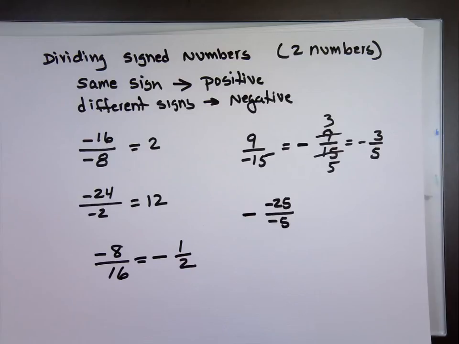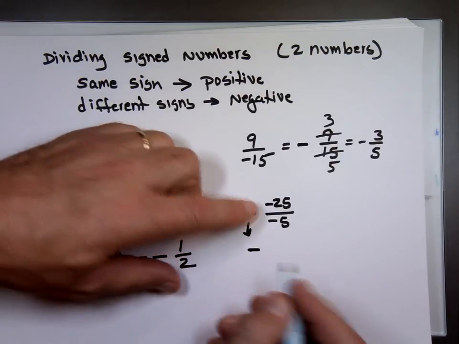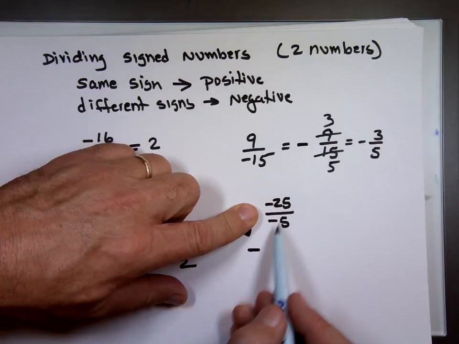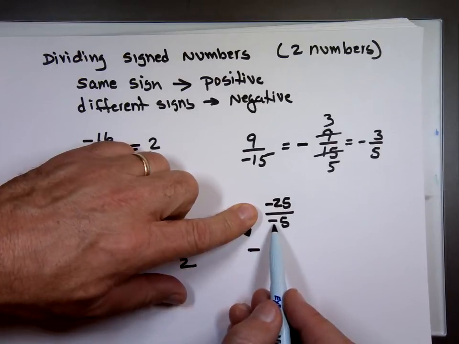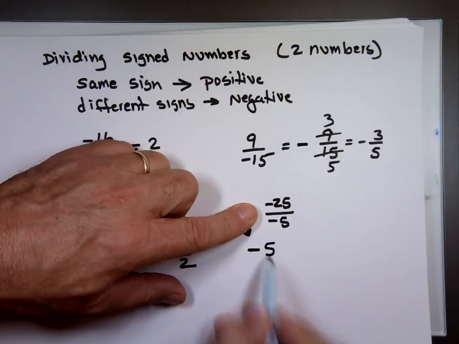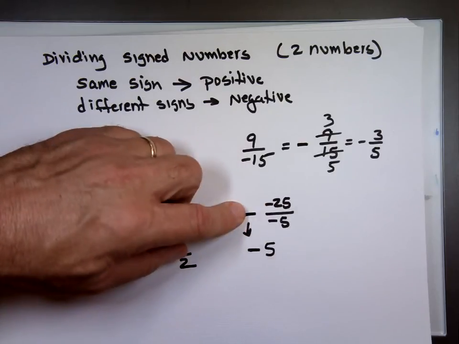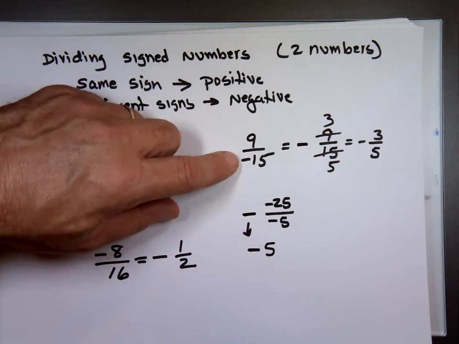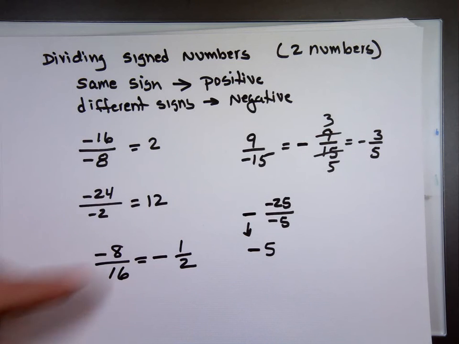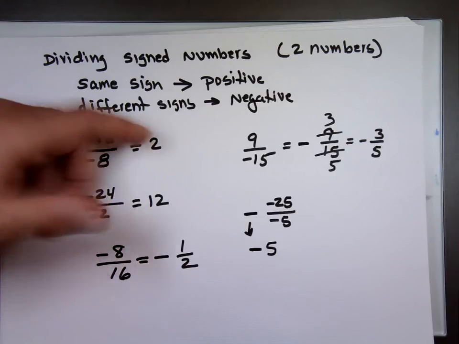What'd you get? Negative 5. Yep. Notice that minus sign sitting in the front. Leave it alone. Let's look at the rest of this. Negative divided by negative, positive. What's 25 over 5? An odd number of minus signs will give you the result of negative. See that? An even number of negative signs gives you a result of positive, just like multiplication.